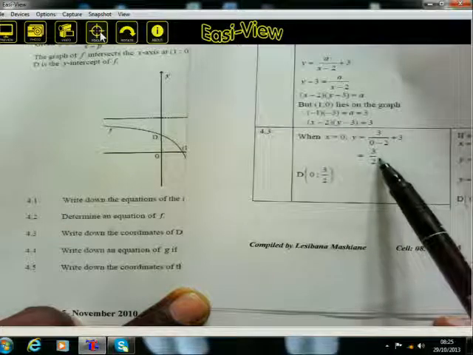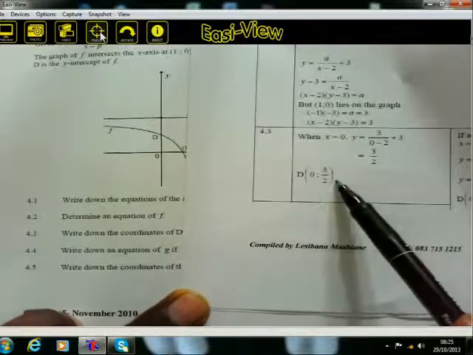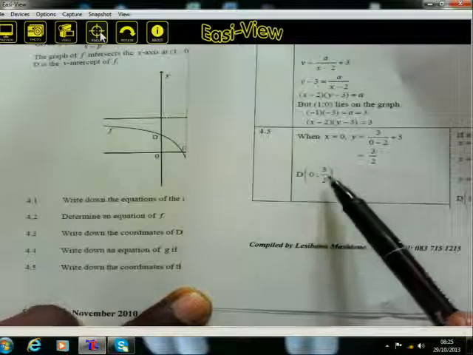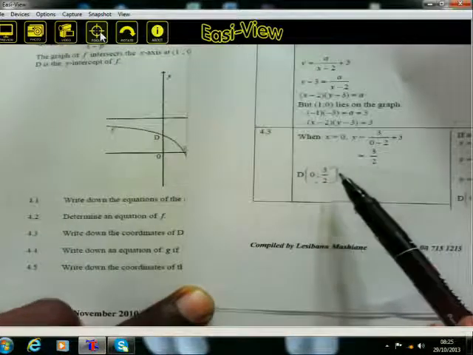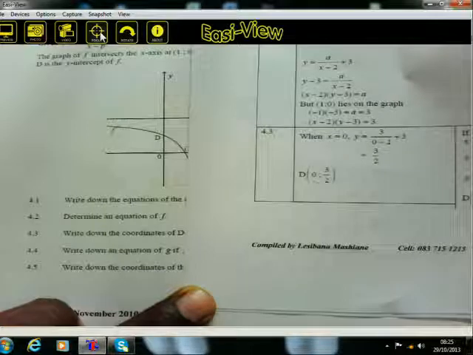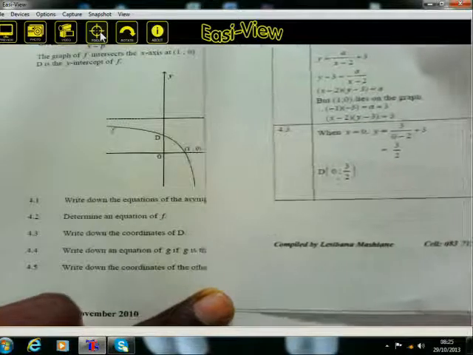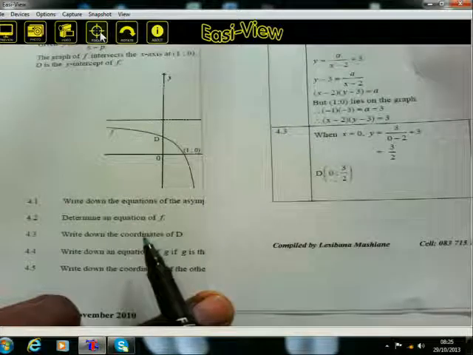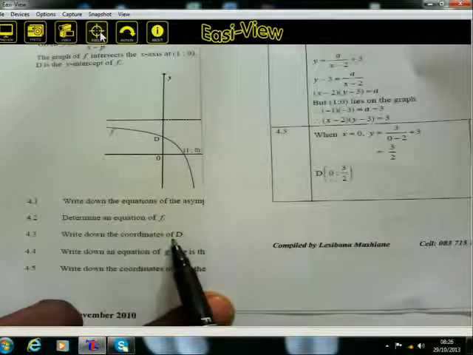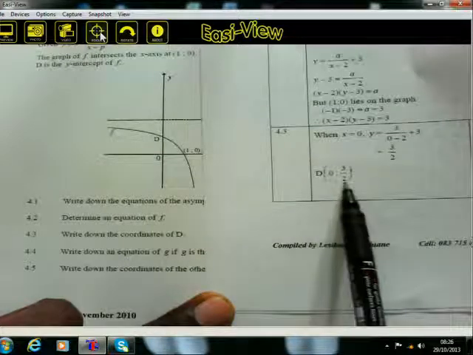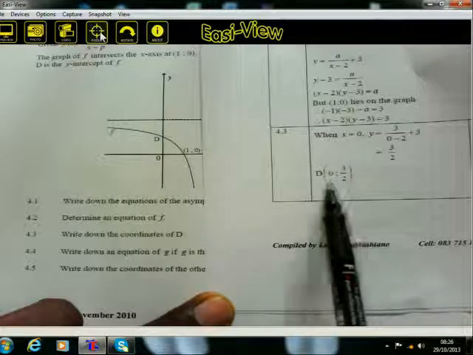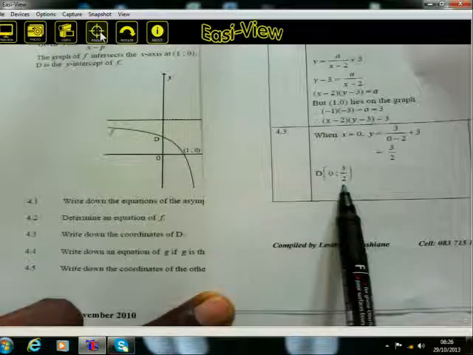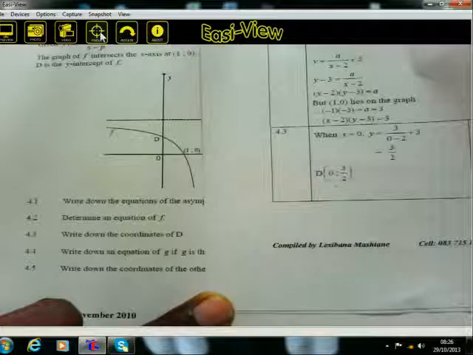The answer is 3 over 2. Therefore, the coordinates of D: when x is 0, y is 3 over 2. Because here they say the coordinates. Coordinates means the x value and the y value. Please remember that. Coordinates is x and y. Hence it is written like this.